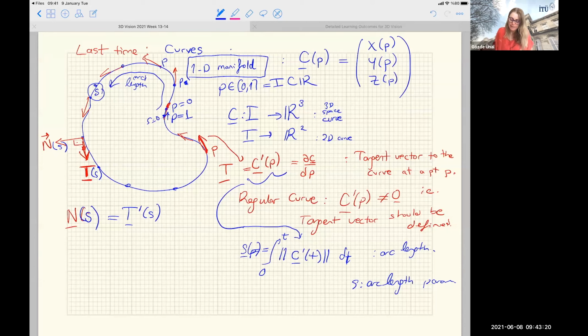And when I take another derivative on the tangent, remember the tangent itself was the derivative of the curve c of p, the curve function, right? Now its normal vector is proportional to the second derivative. So the normal is telling me how fast the tangent changes, and the tangent was telling me how fast the curve, the parametric function, was changing.